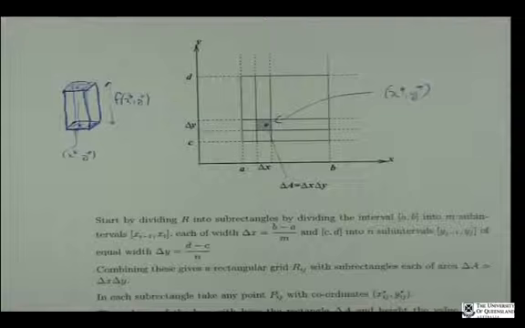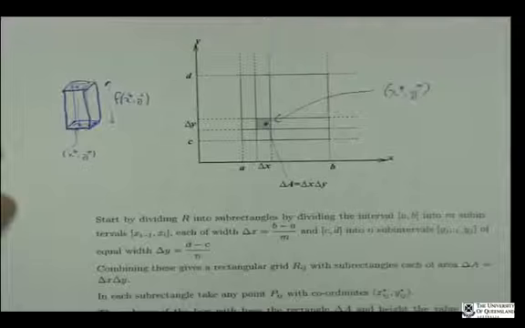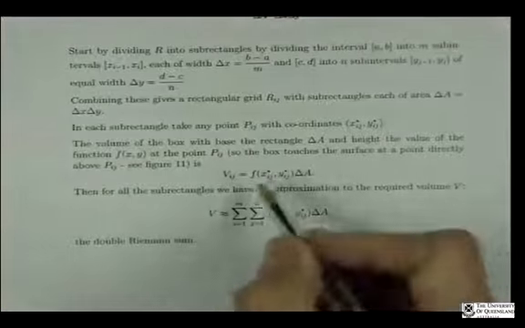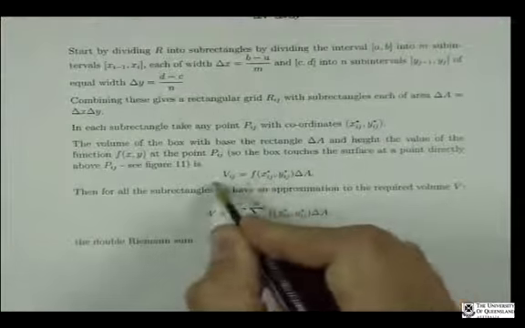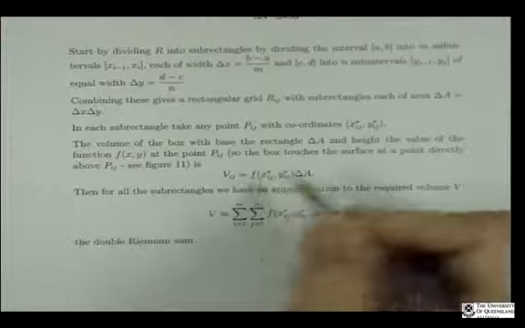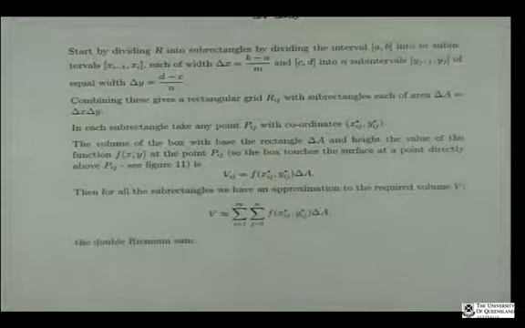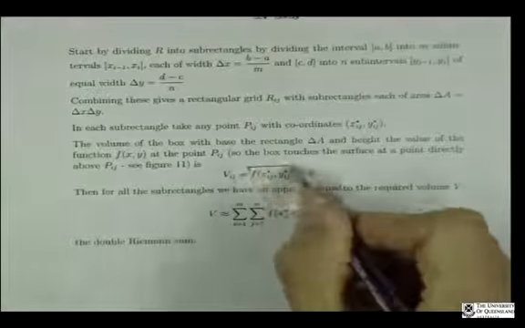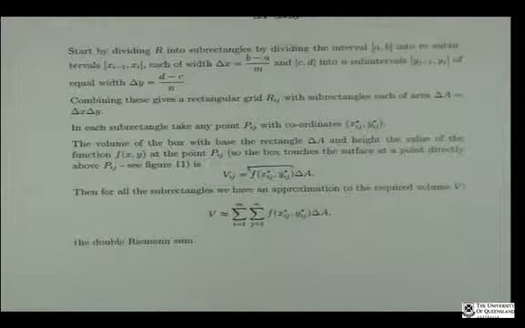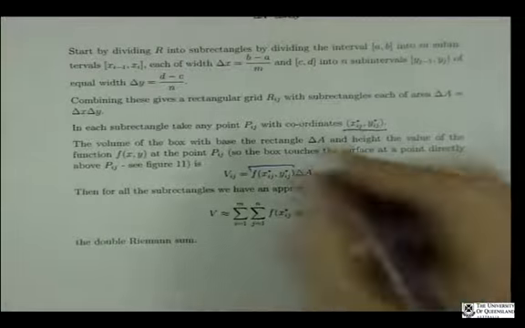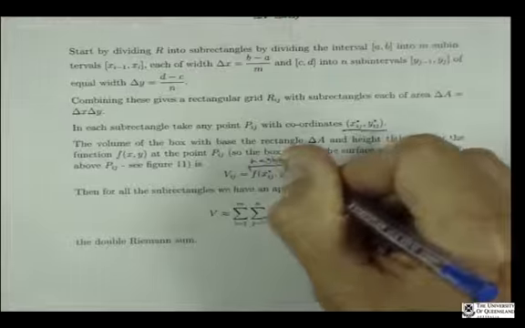So what we do is repeat this process over all the grid squares in our region R, or in our rectangle R, in the xy plane. And so what we end up with is an approximation to the volume of one of these boxes, an approximation to the volume below the surface and above one of these grid squares, where the value of the function at the representative point with coordinates x star, y star, is just the height of the box.